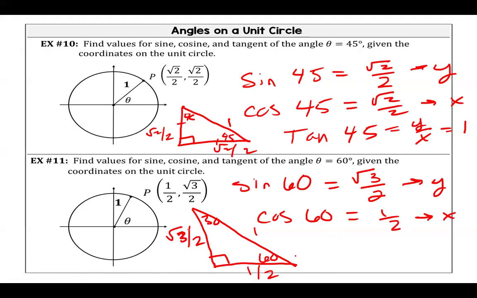Oh, tan of 30 and 60, you have to do a little bit of work, which is just so annoying. So tan of 60 is not as fun as tan of 45. Tan of 60 is your y divided by your x, or your opposite over your adjacent. You're dividing, which means that you're multiplying by the reciprocal.